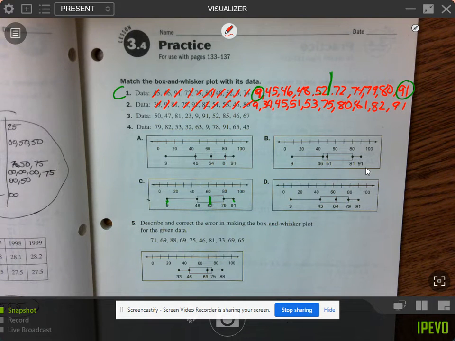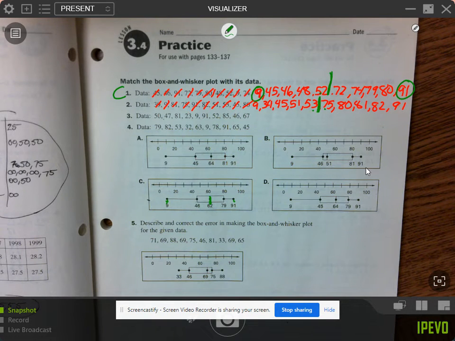We're going to have a different median. Let's find what this one's median is. I've got 1, 2, 3, 4, 5. 1, 2, 3, 4, 5. So it's going to be right between 53 and 75. What is the median of 53 and 75? What number's right in the middle? 64.